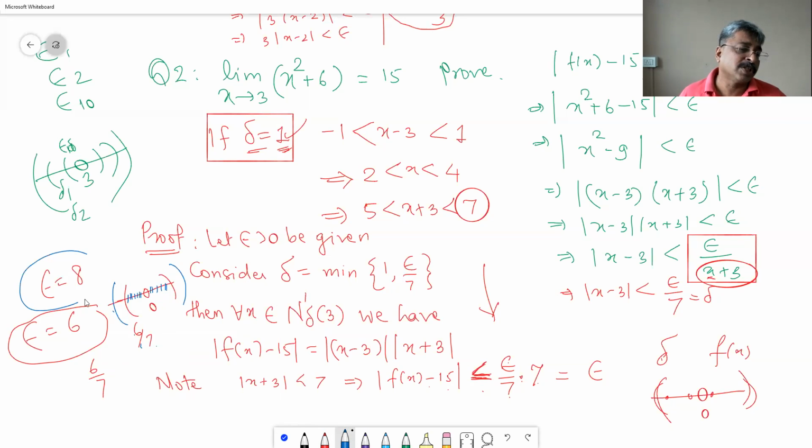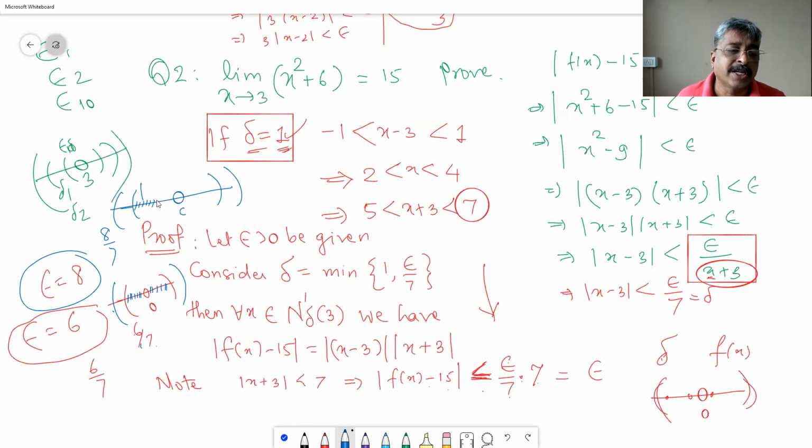Suppose epsilon given was 8, then this is your C, and your epsilon value comes out to be 8 by 7, and your assumed delta was 1.